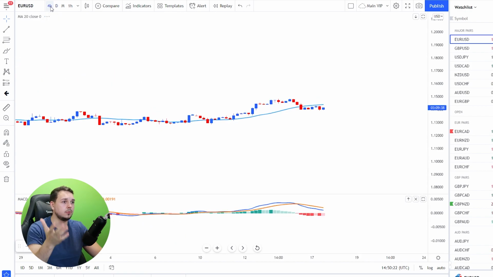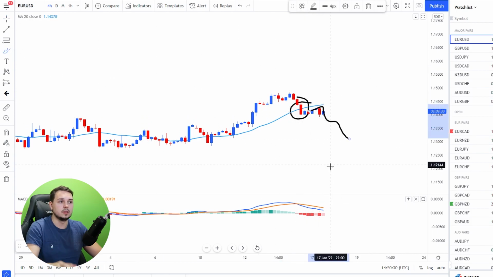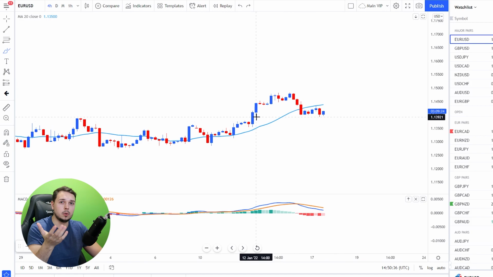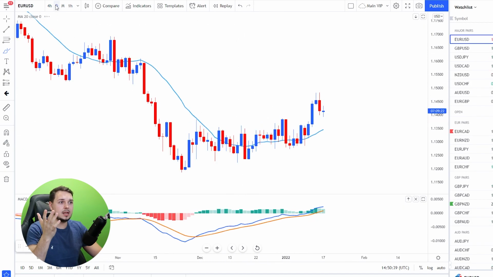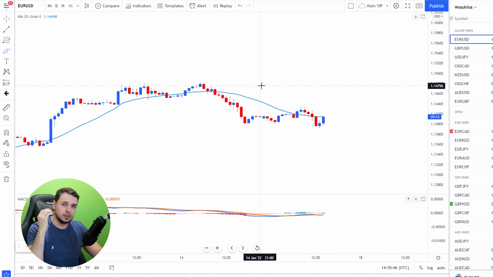If we change it to the 4-hourly time frame, as you can see, it has currently crossed the moving average line just over here and is now shooting down. We can see the same thing occurring on the MACD, which is not good. That is not what we want. We want daily and 4-hourly and even the 1-hourly time frame to be in the same direction and steadily moving up or down. So we need to find it.